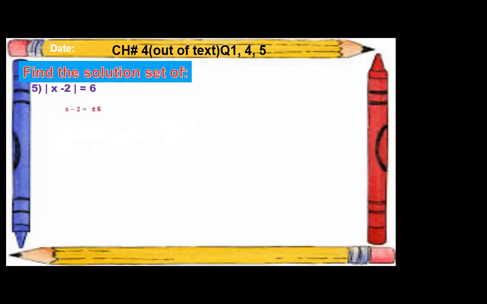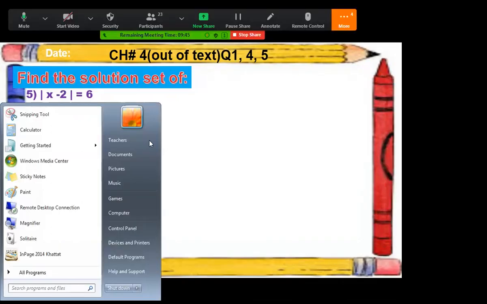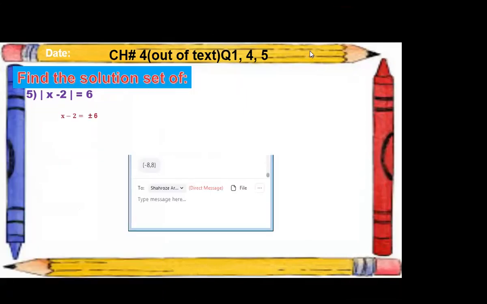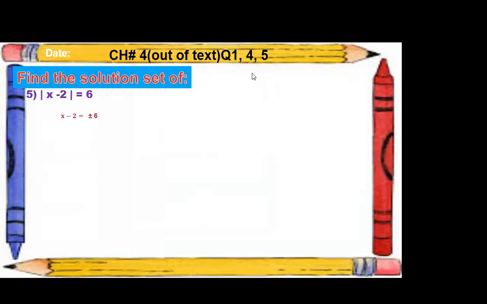Then we have to write down x minus 2 equals minus 6, and then on the right hand side x minus 2 equals plus 6. That's great, Rida. Now let me show you my notebook.